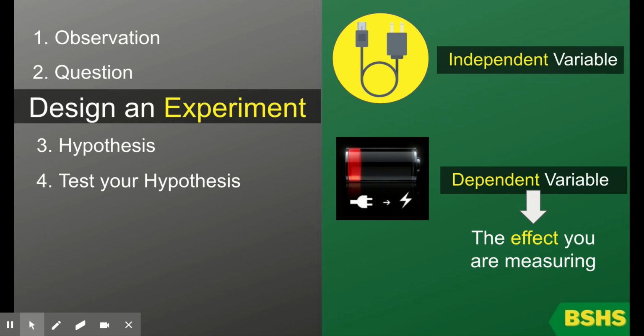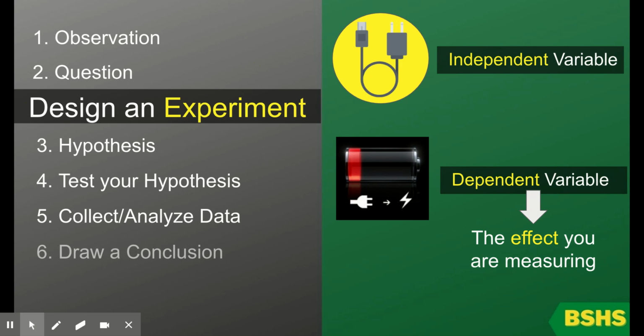Now, in this case, you collect data. What's the data you're collecting? Well, you're looking at the life of the battery. You know, what percentage charge does it have? Well, this one, it's still dead. So that's the data you collected.